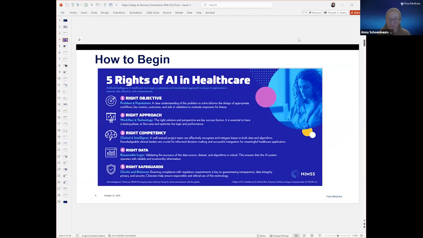But before we begin, especially for nurses, you want to be at the table to have that conversation. As nurse leaders, I'm going to point to this slide because I think it's really great. I co-chair the HIMSS Nursing Innovation Advisory Work Group and worked with a couple colleagues on this publication, the 5 rights of AI.